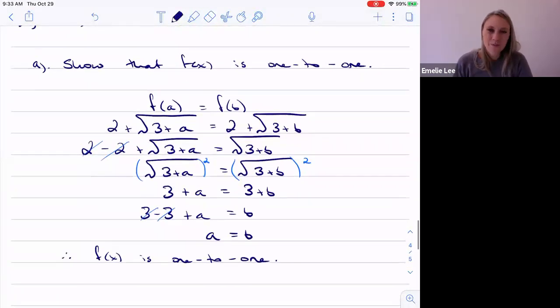I know at this point you're probably thinking, I'll never use this. Why would I care if a function's one-to-one or finding the inverse or the compositions? That's not why we're doing this. It's not so that you are really good at showing that something is one-to-one. It's to get you really good at working with algebra.